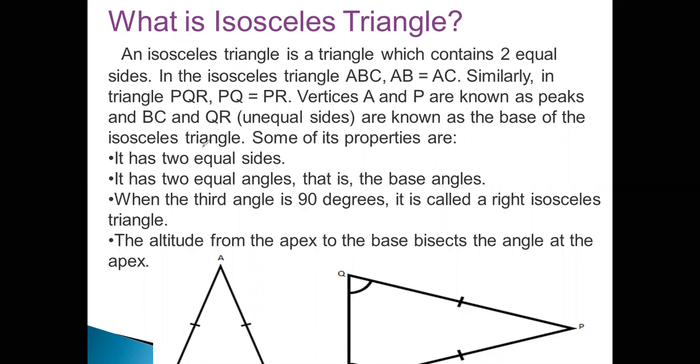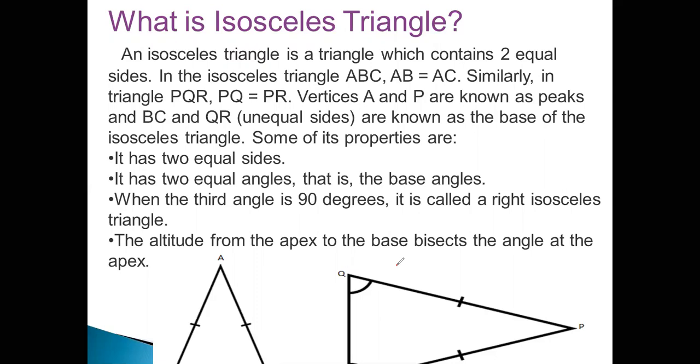An isosceles triangle is a triangle which contains two equal sides. Okay, an isosceles triangle is a triangle which consists of how many equal sides? Two equal sides. So if I change the wording, I can say in an isosceles triangle, two sides are equal.